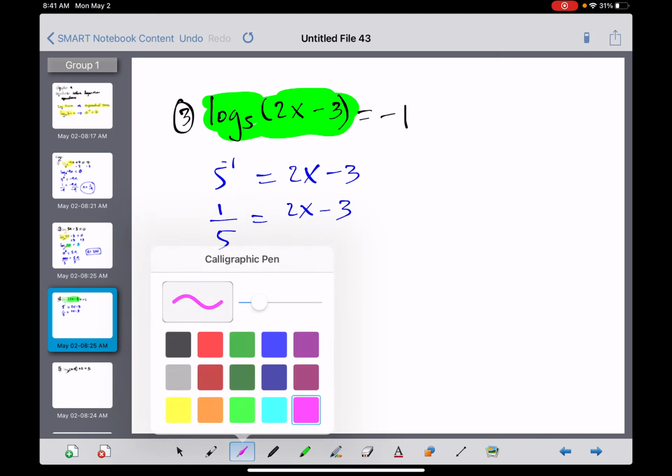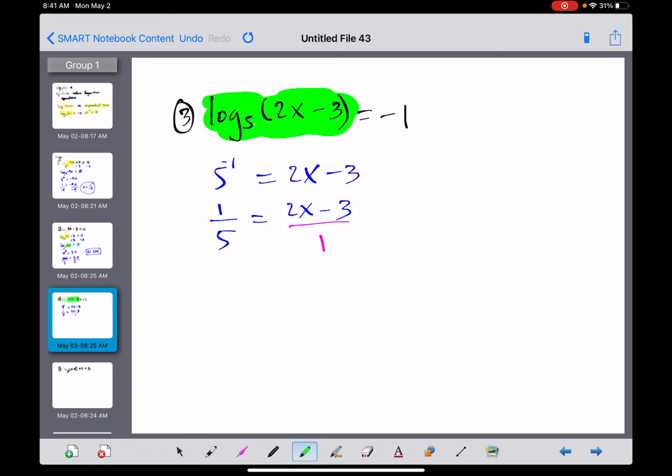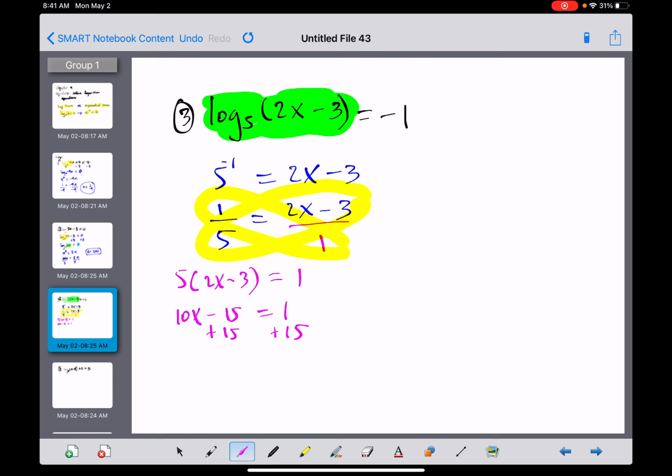I'm going to make this into fractions, and then we are going to cross multiply like this. That means we have 5 times 2x minus 3 equal to 1. It should be 10x minus 15 equal to 1. Add 15 to both sides.